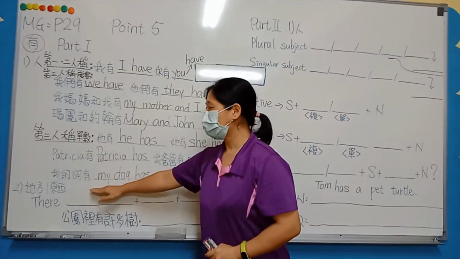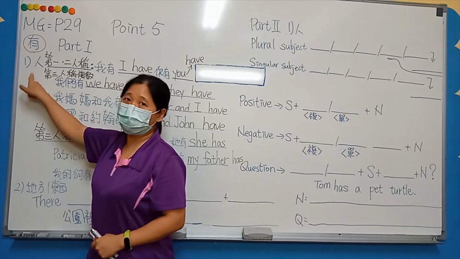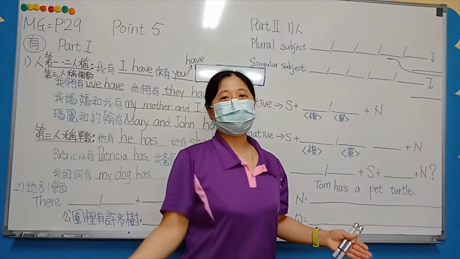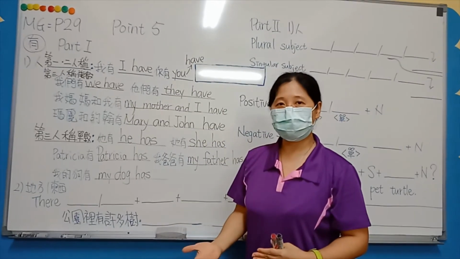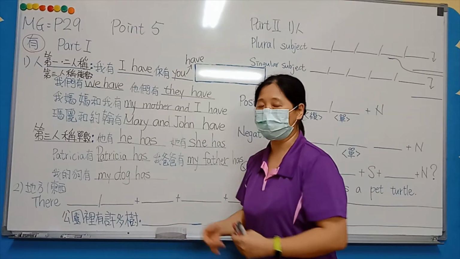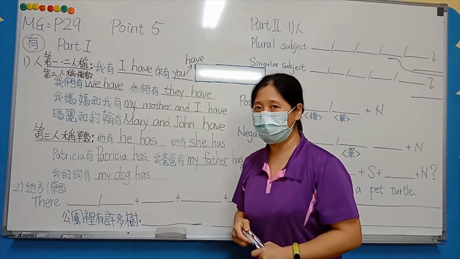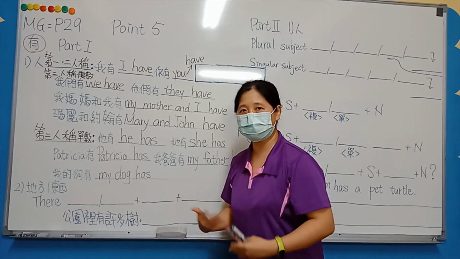Okay? So the second one, do you remember I said yo? One is for people, one is for place, right? So when you have yo in place, what is the sentence pattern for this one? For example, 教室里有5个人。So, sentence pattern.